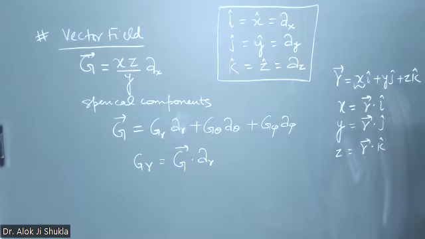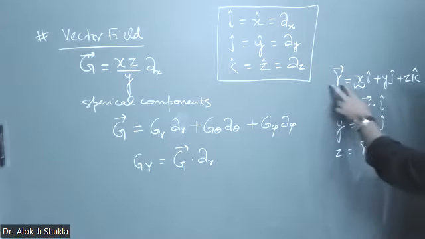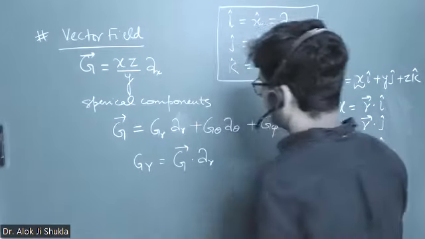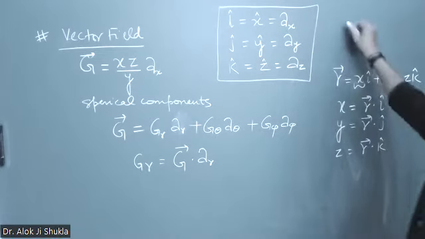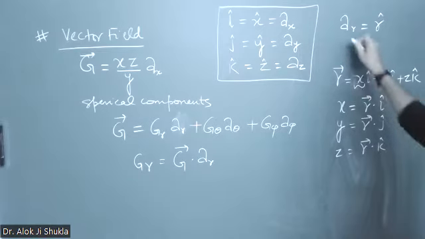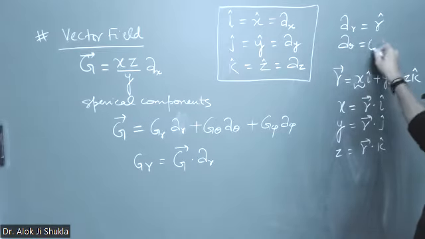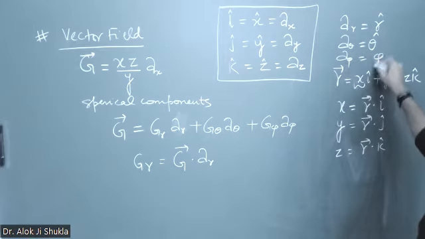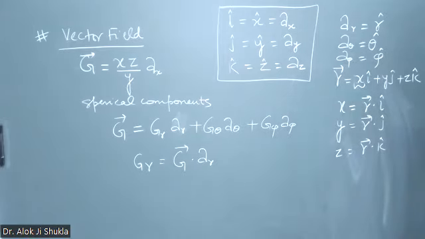Yes or no? As soon as you take the dot product, it gives the component towards I cap. So as soon as you take the dot product towards AR, what is AR in notation? R cap. What is A theta? Theta cap. What is A phi? Phi cap. This notation is okay?